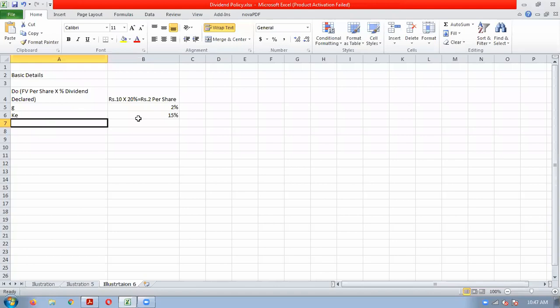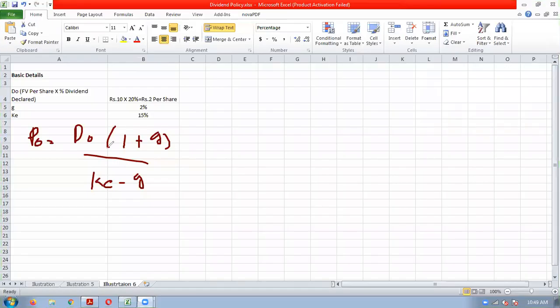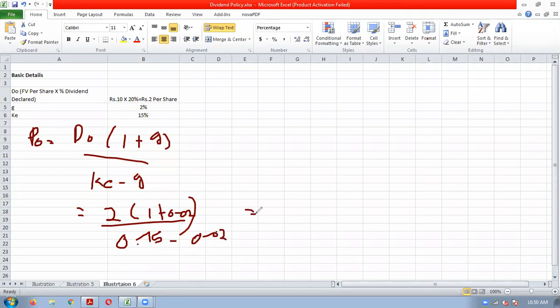So all the details we are having, everybody solve and find out what will be the P0 fast. P0 is equal to D0 (1 plus G) divided by K minus G. D0 is 2, growth rate is 2 percentage, 0.02, divided by K is 15 percentage minus 0.02. So solve this equation, you will get the answer of P0.